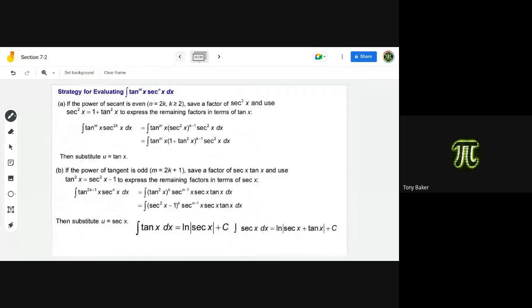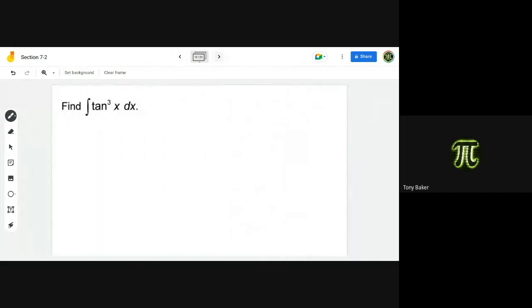So it said if tangent's odd, u is secant of x. So that means du is secant of x tangent x. And we still have our secant squared x equals 1 plus tangent squared x rule that I can still use. Okay, I don't have any secants in this problem.